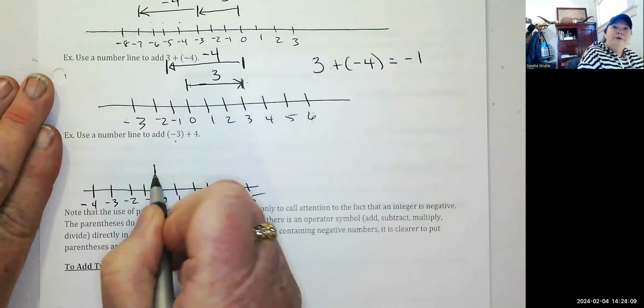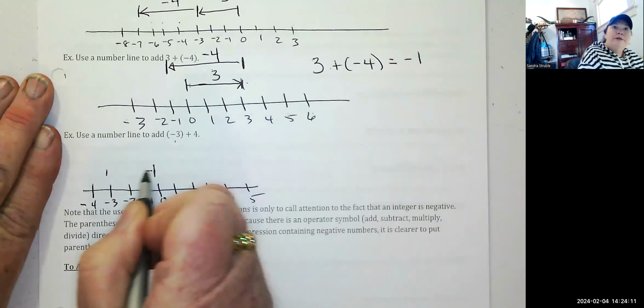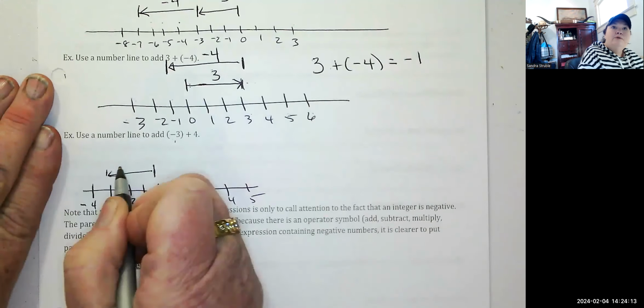So from 0 to -3, we're going to the left because it's negative. We're going to go to the left to -3, and then it's +4. So from the -3, because it's positive, we go to the right 4. So there's 3 plus 1 more is going to end up right here, and that's +1. So -3 plus 4 is +1.